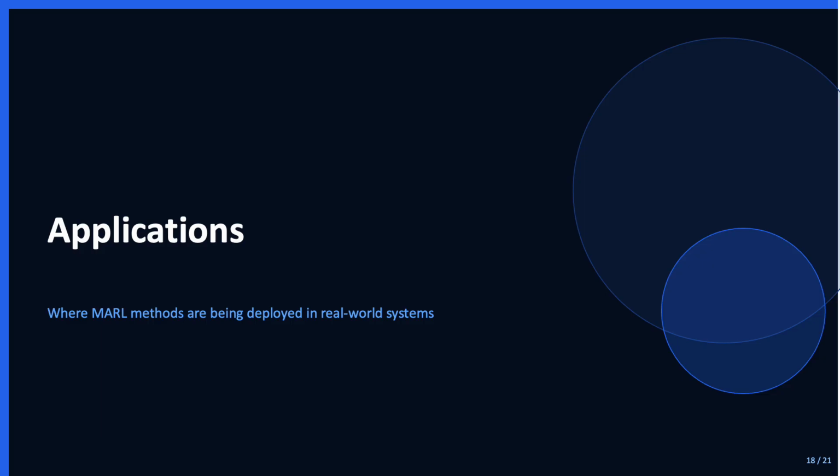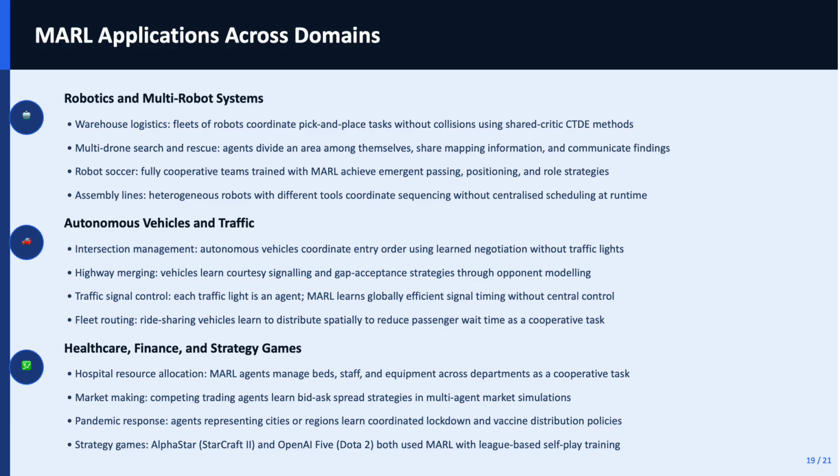The applications section grounds everything discussed so far in concrete domains where multi-agent reinforcement learning is not a theoretical exercise but an engineering requirement. Multi-agent reinforcement learning has moved from academic benchmarks to production systems across domains as different as hospital management, financial markets, competitive game AI and robotics.